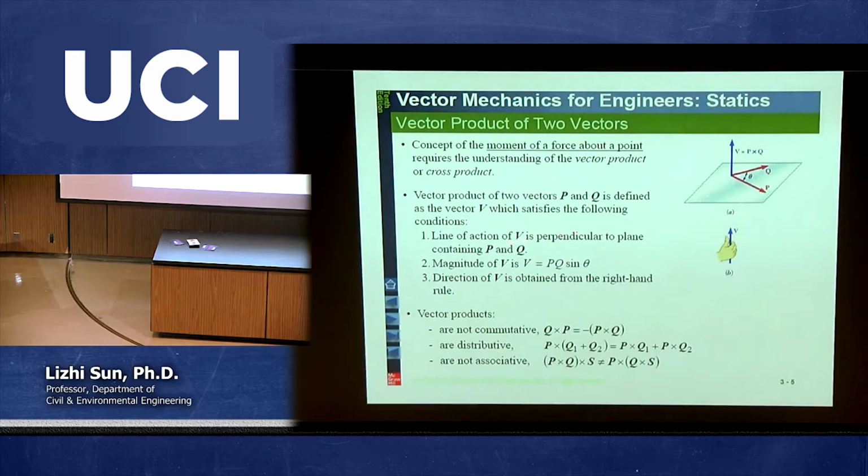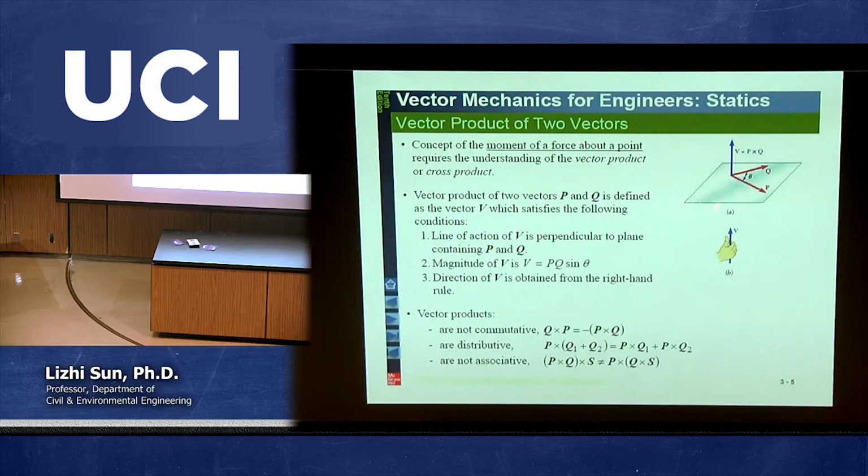Number 1, the result vector V of the cross product has a line of action perpendicular to the plane containing vector P and vector Q. Because you want to do the cross product between P and Q, you see those 2 vectors can form a plane containing these 2 vectors. And then your result, which is called vector V, should be perpendicular to this plane. That is the line of action.